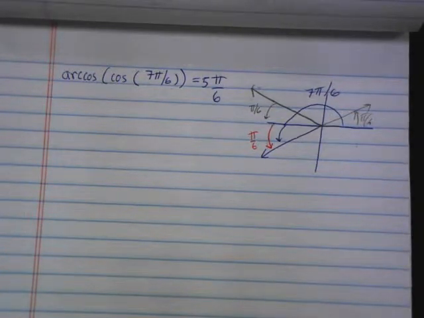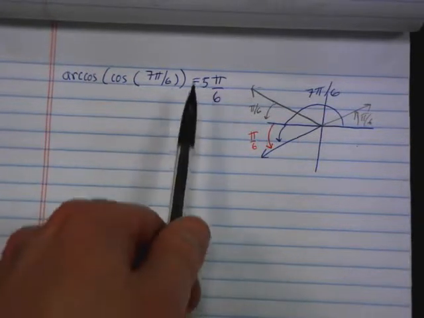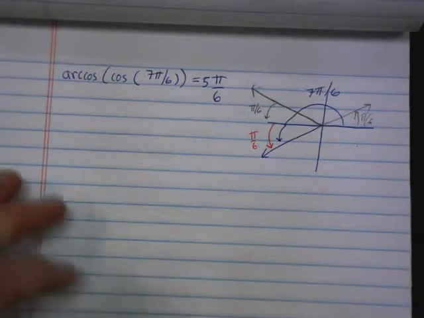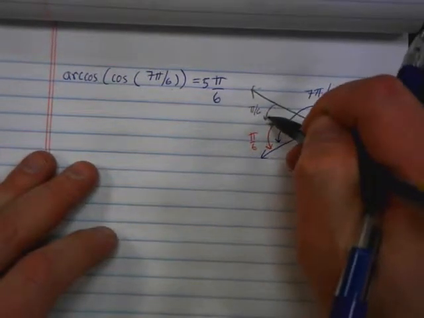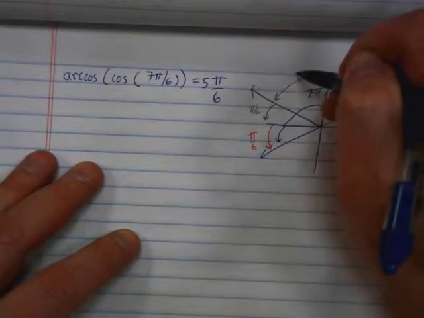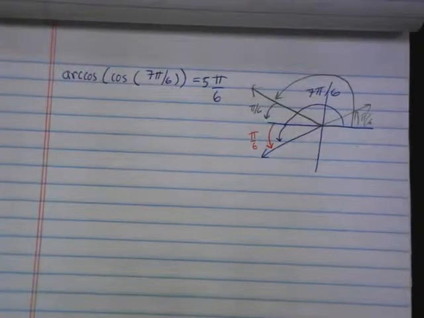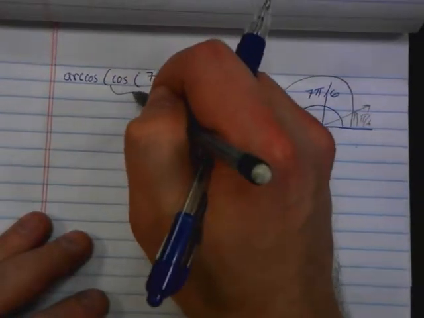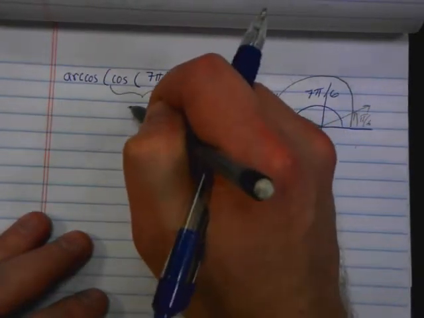But why is it 5 pi over 6? Because this reference angle here is pi over 6, so the angle that I need is this one. Why? Because I've got to have an answer in quadrant number 2, because this value right here is a negative number.